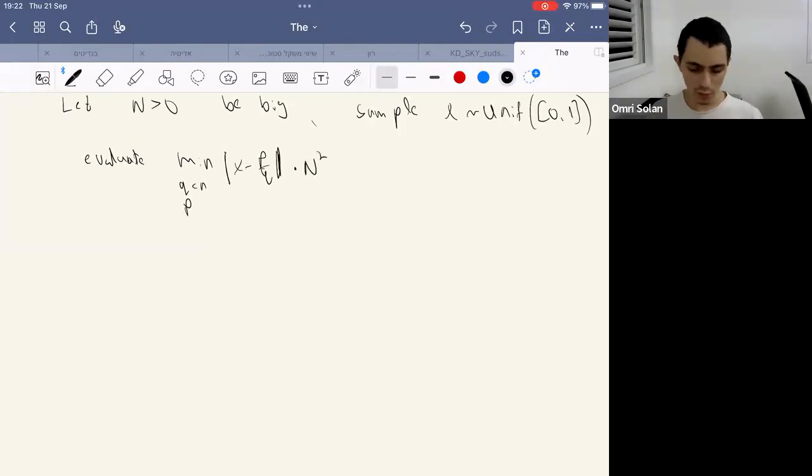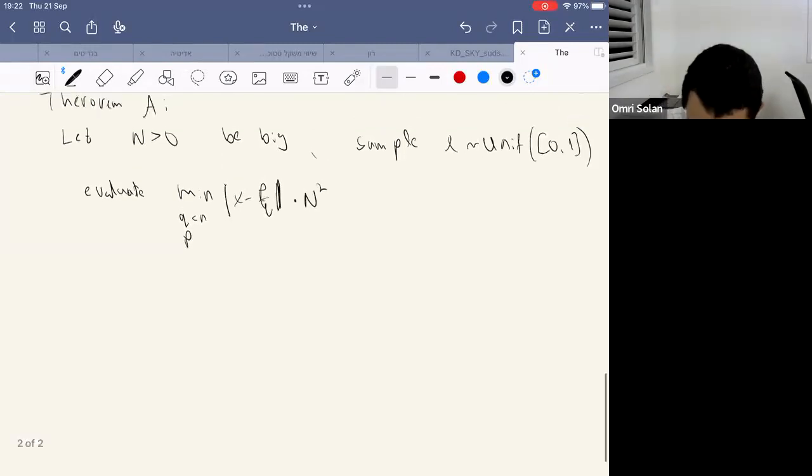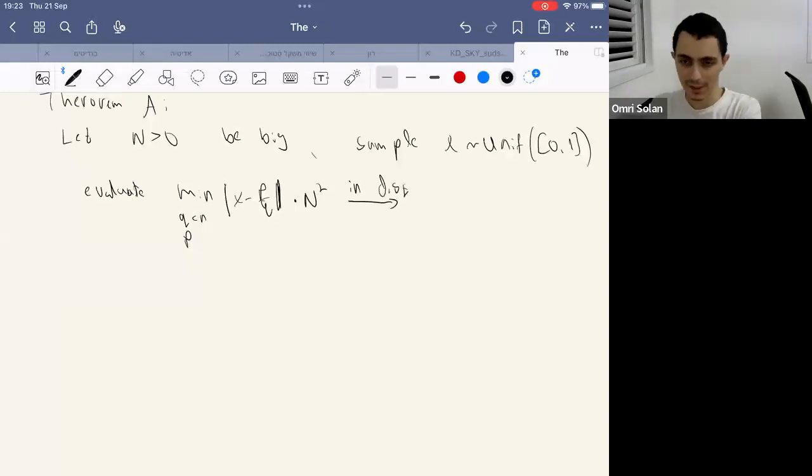The theorem claims that this quantity converges in distribution, as n tends to infinity, to some fixed measure mu.